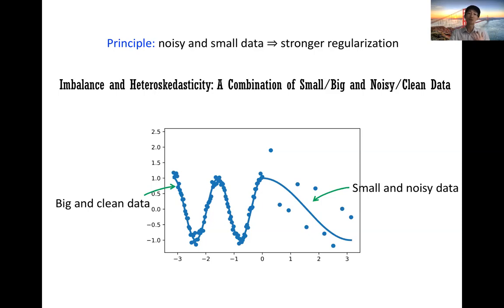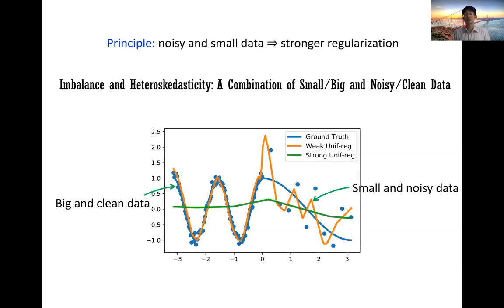Now suppose you use a regularization technique, and then you get into this dilemma about whether we want to use strong regularization or weak regularization. Suppose you use weak regularization, which is the orange curve, then you can see that you fit the left-hand side pretty well. You also fit the right-hand side very well, but you are overfitting to the right-hand side.